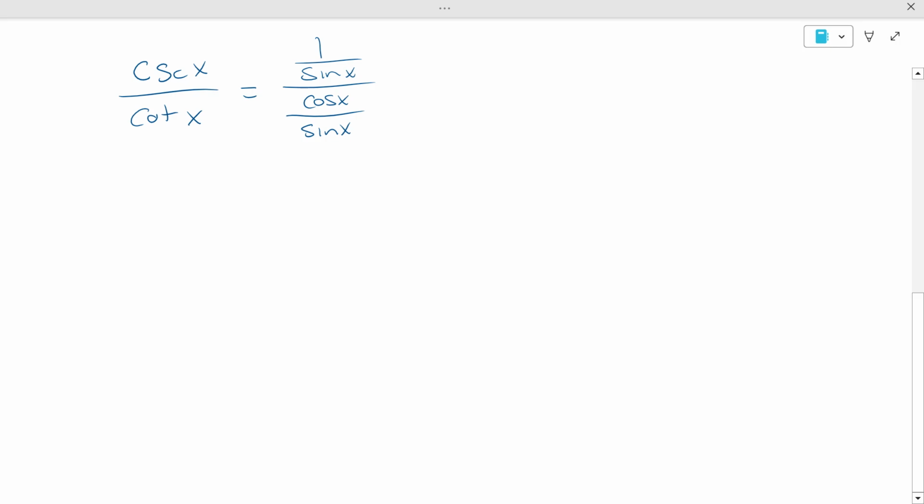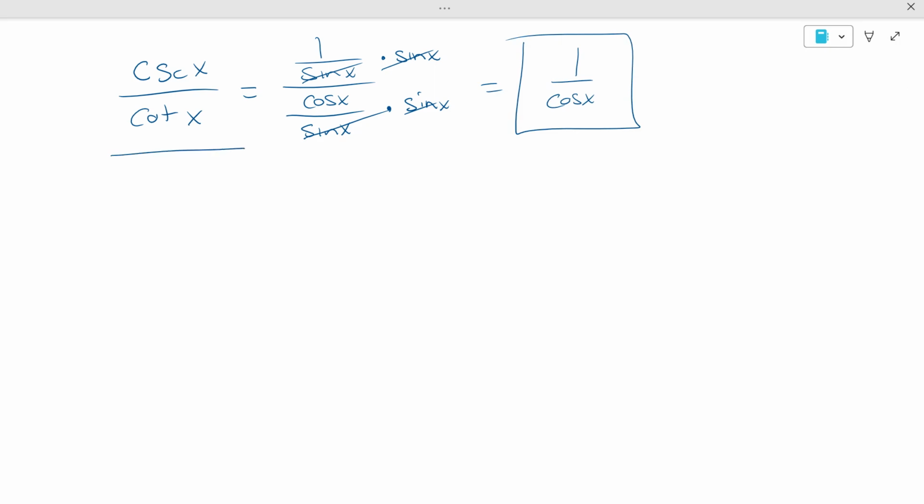To simplify a complex fraction, most of the time in here we'll multiply both the numerator and denominator by the denominator of the denominator. These cancel, these cancel. So I get 1 over cosine of x. That's this written in terms of sine and cosine is this.